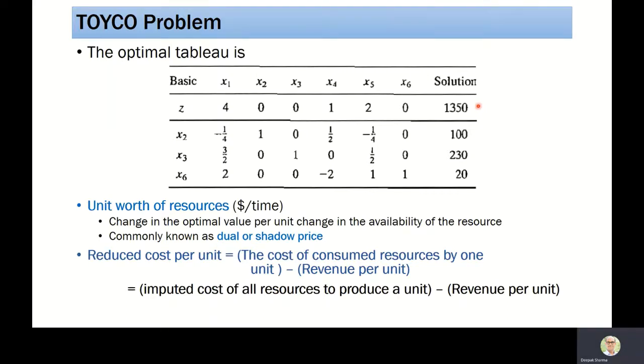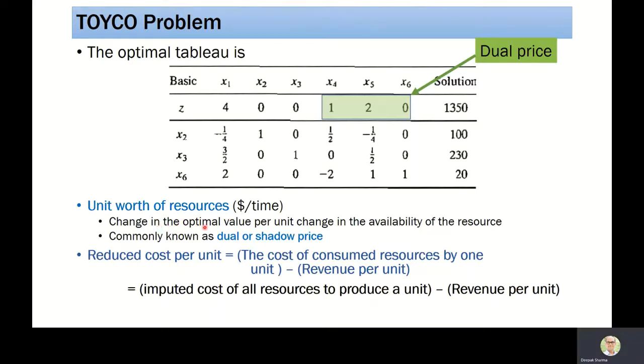While discussing this, there are two terms which we discussed. First is called unit worth of resources. We remember that for the slack variables which we have used, if you look at the Z row, the corresponding coefficients tell us about the dual prices or the unit worth of resources. Unit worth of resources is generally written in terms of money divided by time.